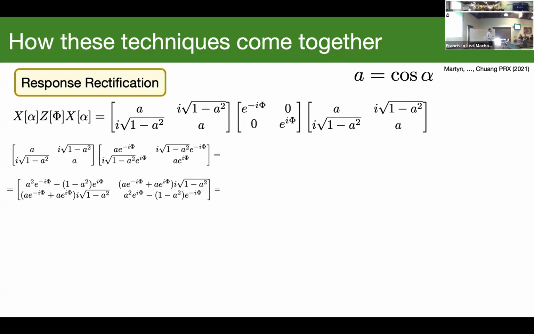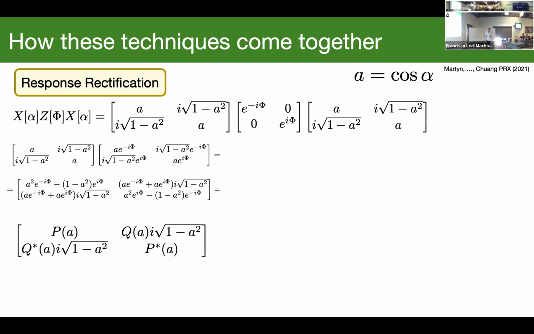One way of understanding QSP is that it allows us to take a response in some parameter, which I call a, and build polynomial responses on that parameter. At the end of the day, my response takes this form: a polynomial on the top left corner, the same polynomial on the bottom right, and another polynomial on the other entries.